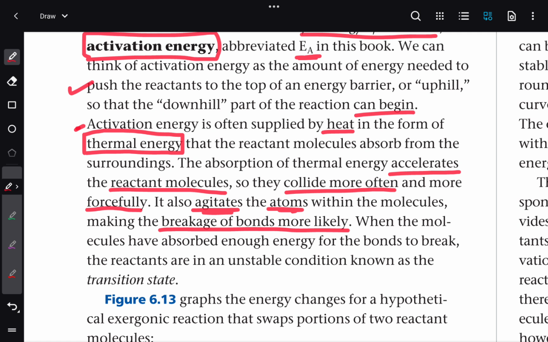So the reaction will definitely happen, but increasing the chance by agitating, by destabilizing the molecules at the atomic level, accelerates the reaction, not only making it sometimes possible instead of impossible, but also making it happen more often.